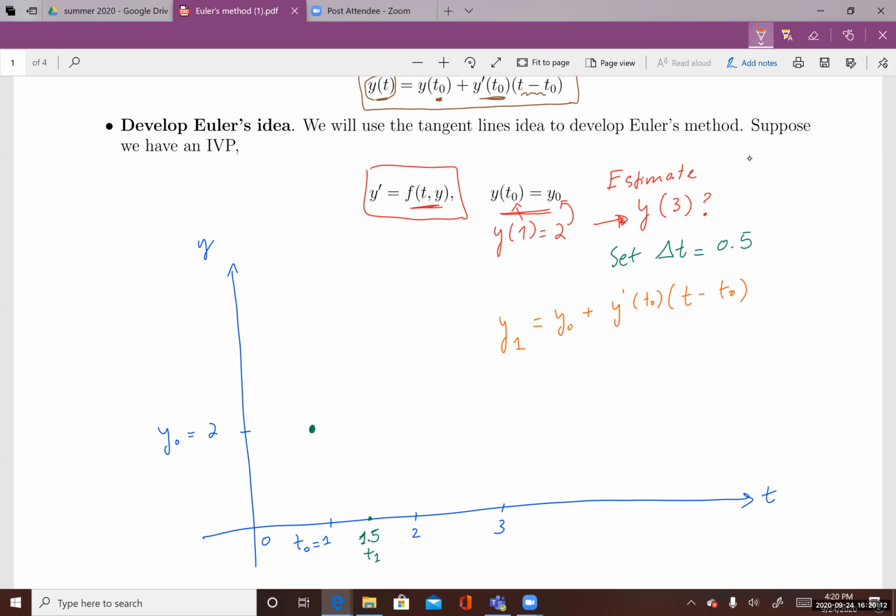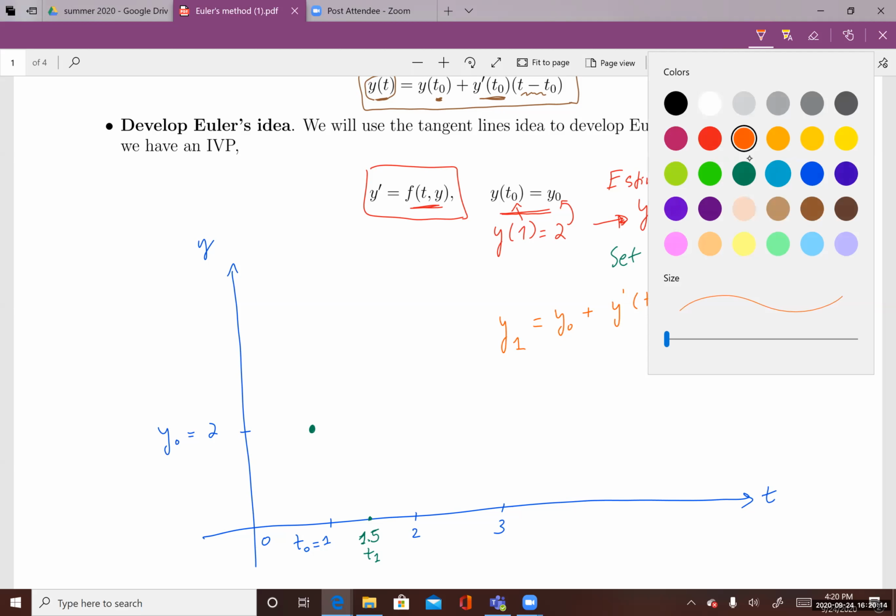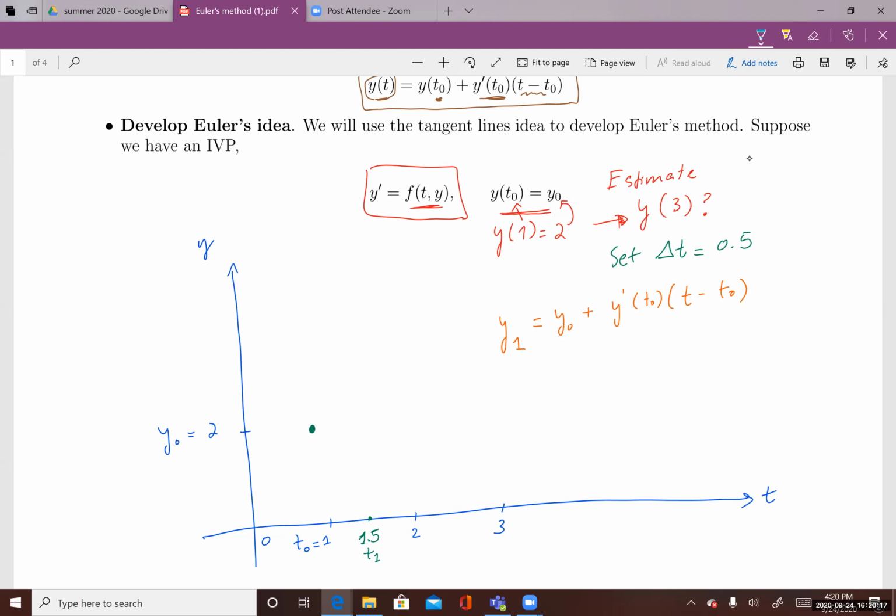Now I'm going to define what is y0. I know y0 is 2. What is y prime when t at t0? I know that if I plug t0 in here, and then I have y0 in here, then I have f at t0, y0.